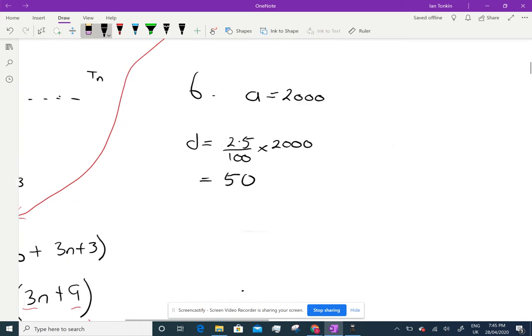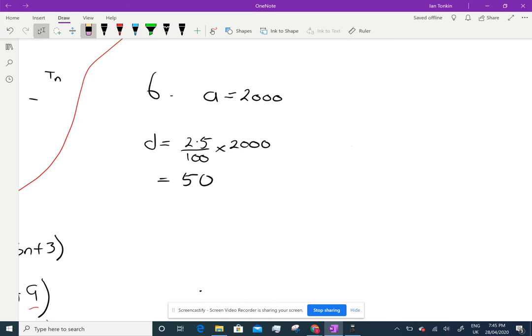Now, this is where you've got to be careful, because once we're talking about years, you earn interest at the end of the year. So after 1 year, I've got $2,050.